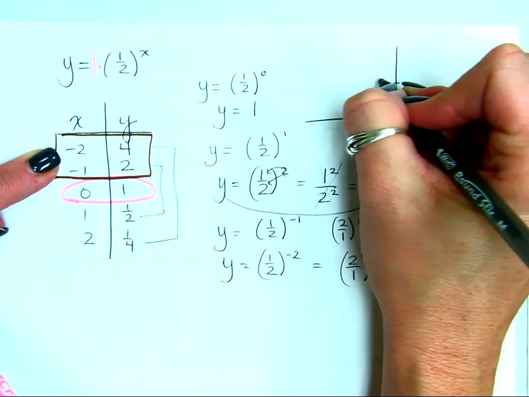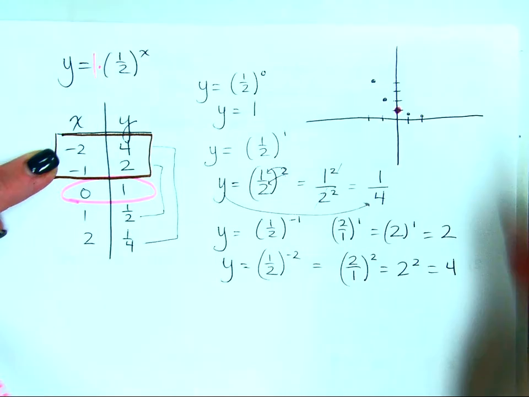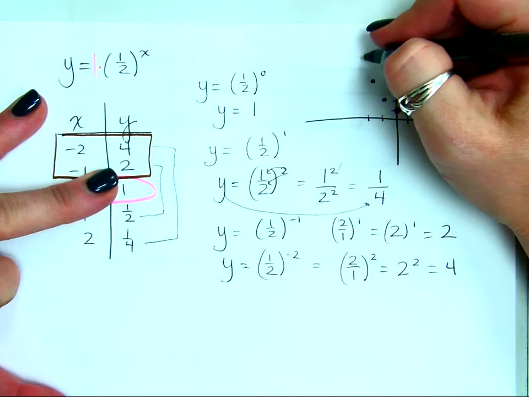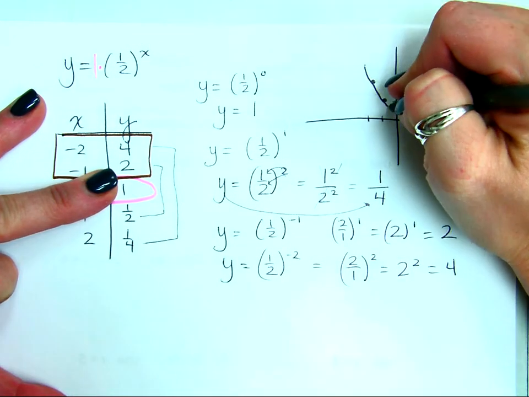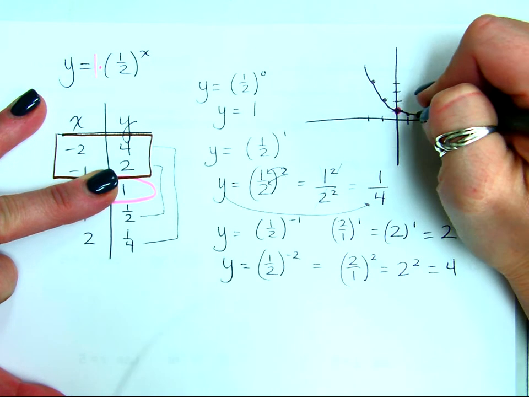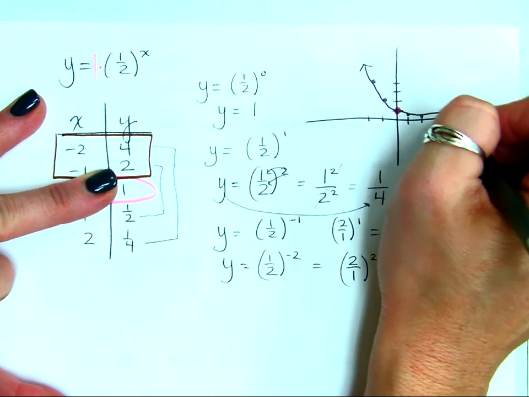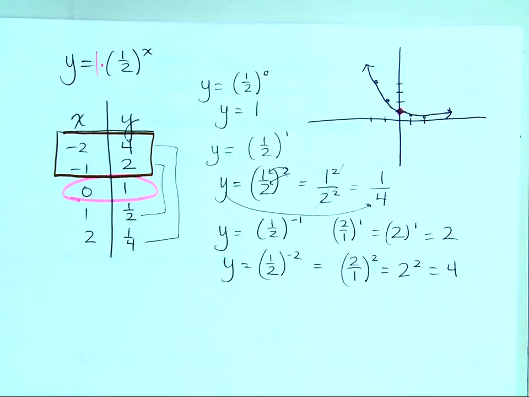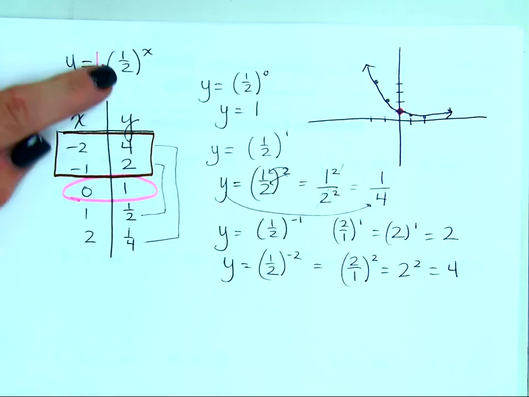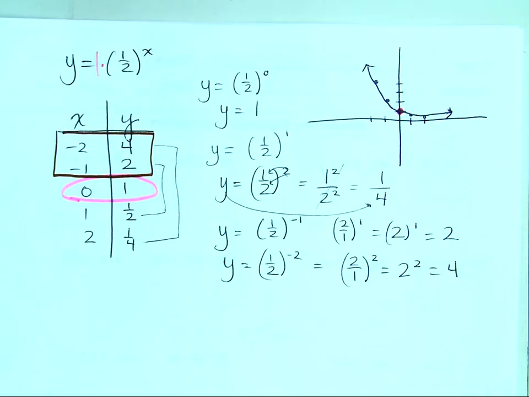All right? So it's not as big of an increase as we've seen in previous ones, but it's still an increase. I mean, not an increase, it's a decrease, but this is still increasing going up. So there is my exponential decay graph of y equals 1/2 to the x power.